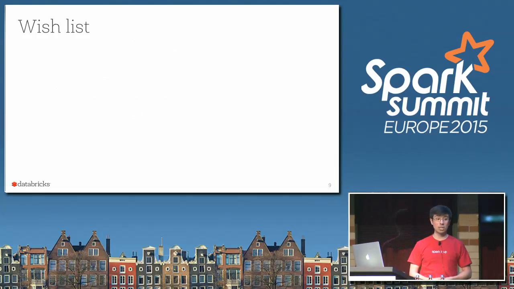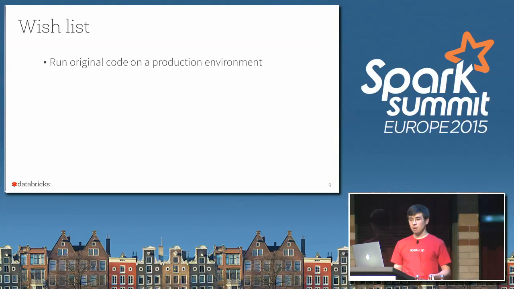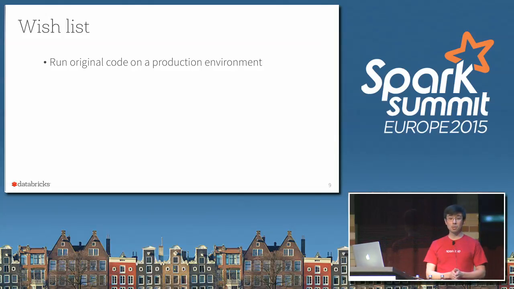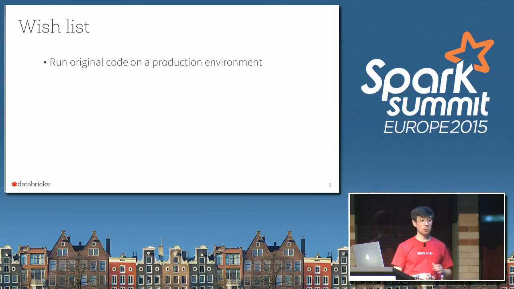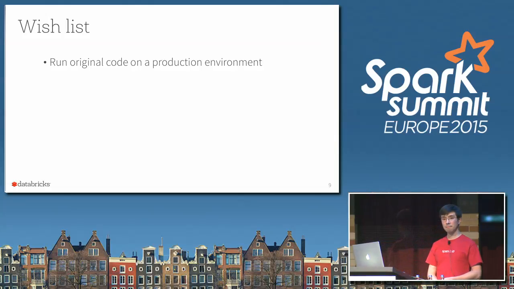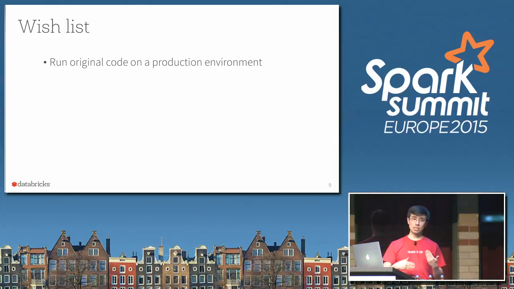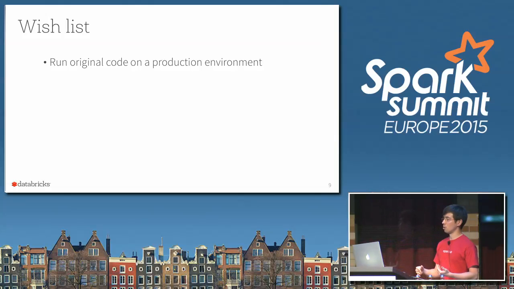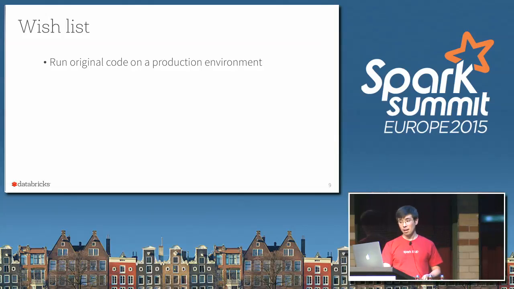And so what would be a good wish list to start? First, it'd be nice to be able to move to that production environment, but keep using your original code. If it works on your local machine, it should work in that production environment. And after that, you could start both linking to the production data sources and also slowly start distributing your workload.